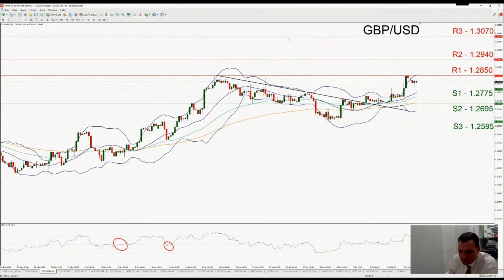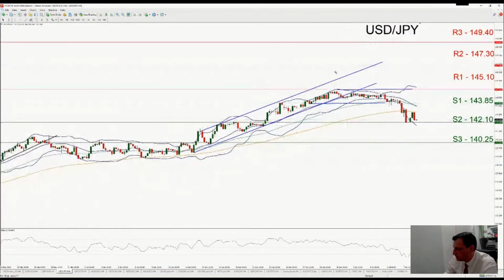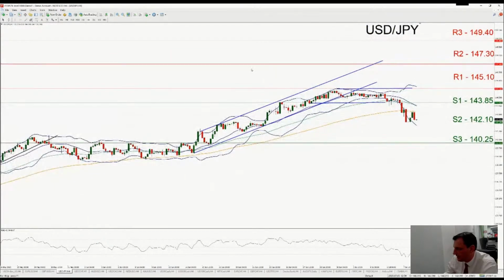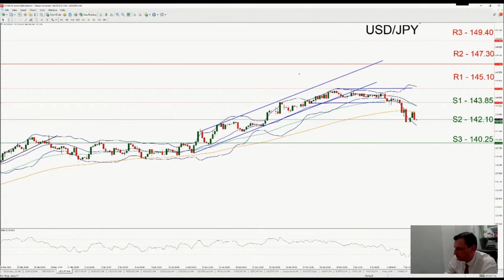Let's have a look at USD/JPY. Okay, this is an interesting one. The pair has dropped, broken the 143.85 support line, and has tested, and actually the 142.10 held its ground. So for the time being, we're switching this into a resistance line and go hunting for a new ultimate support line. Could be as low as here.